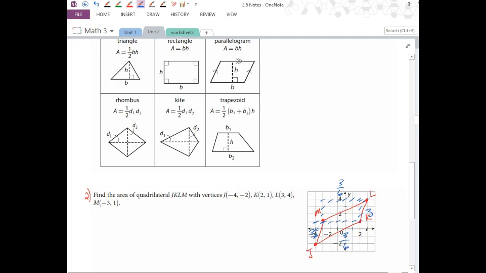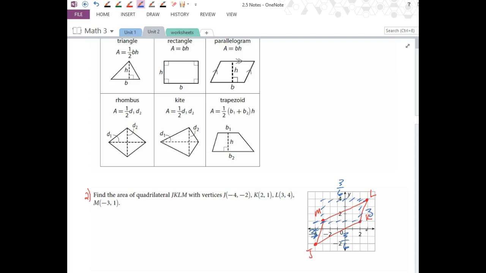Just by counting them out, I can prove that I do have, in fact, a parallelogram. Agreed? At that point, I can go to my definitions and say, what is the area of a parallelogram? Base times height. And the important piece is that the base has to form a 90-degree angle.